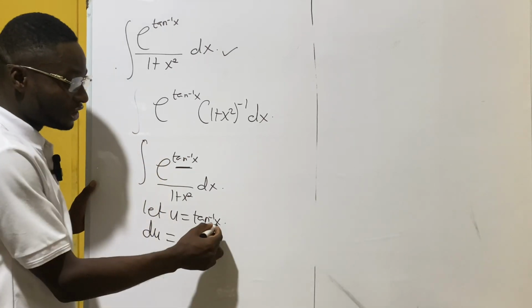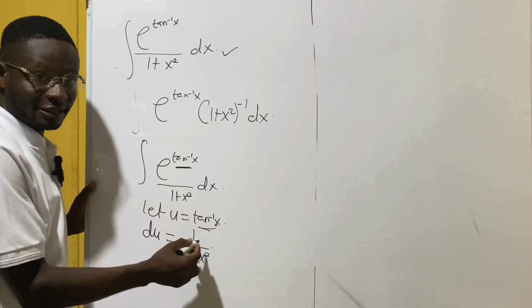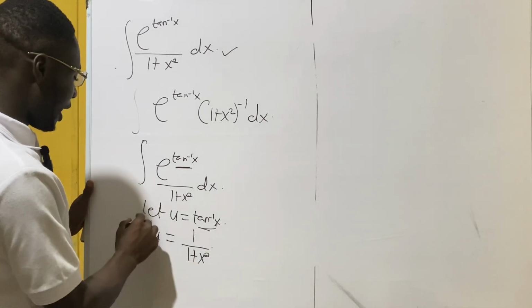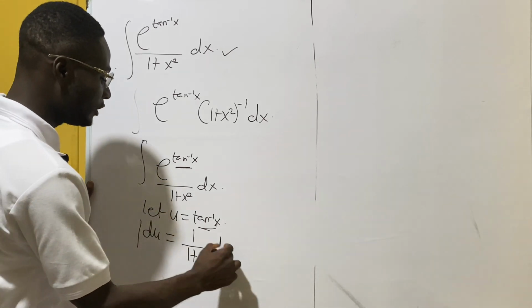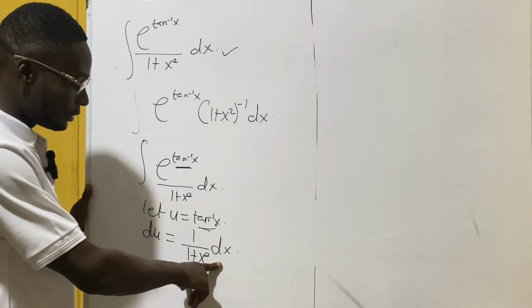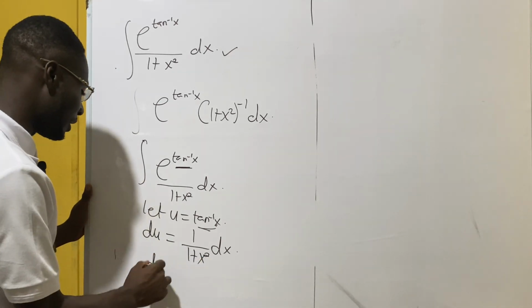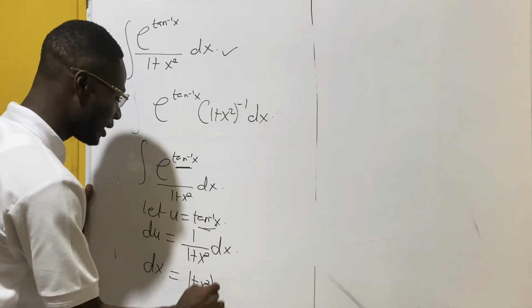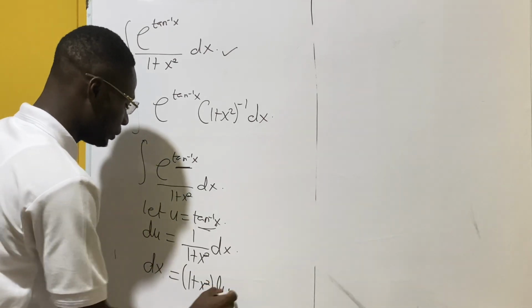Then you differentiate the inside, which is the x, and that is going to be 1, so you forget about that. So let's try to make dx the subject. We can say that dx is equal to 1 plus x squared du.